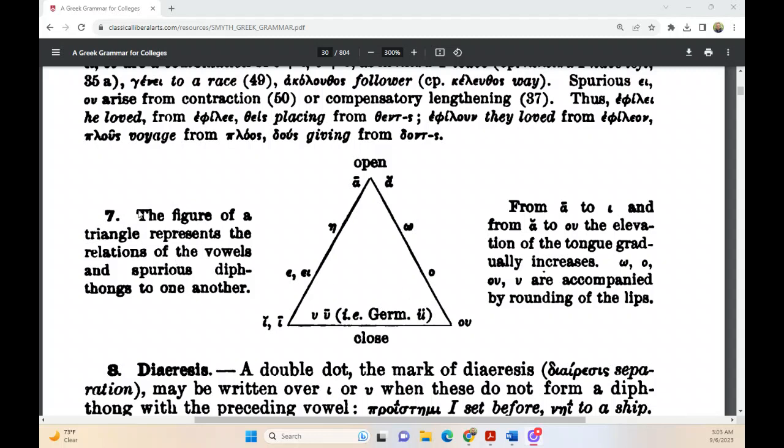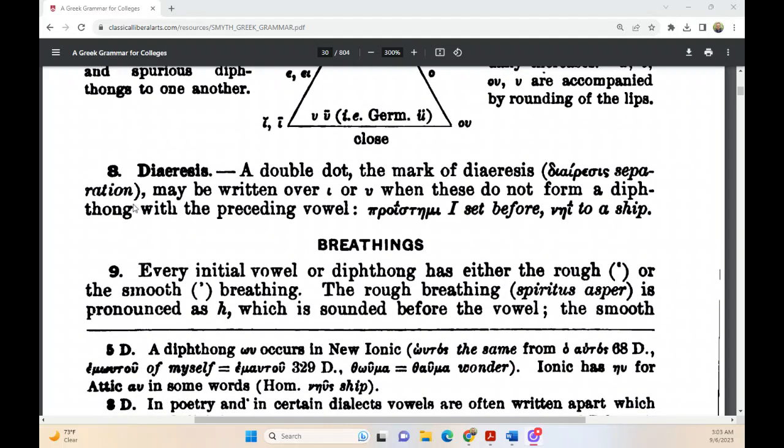So that's Article 7. And then lastly, we have diairesis. You see this word, diairesis. And we read, diairesis is a double dot, which is the mark of diairesis, is written over iota or upsilon when these vowels do not form a diphthong with the preceding vowel.